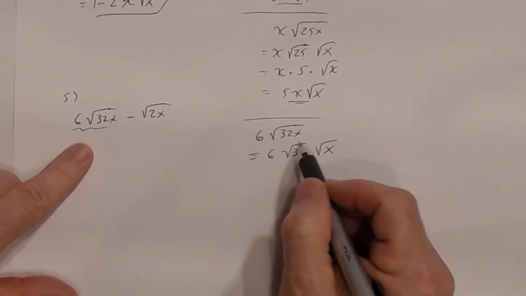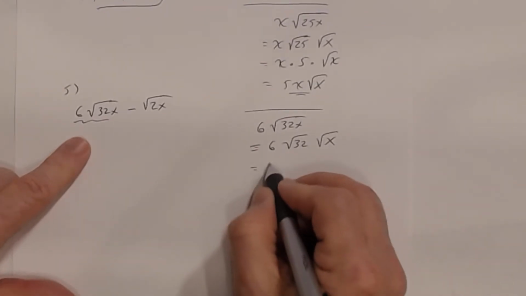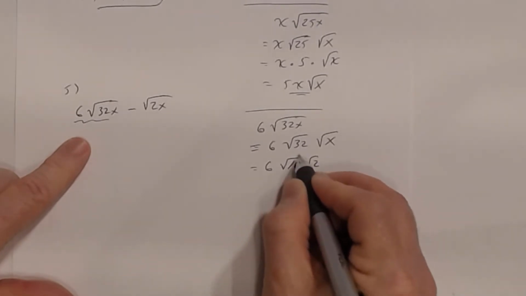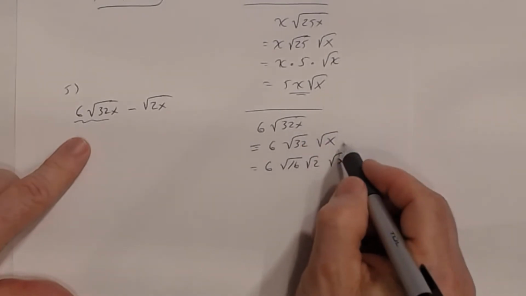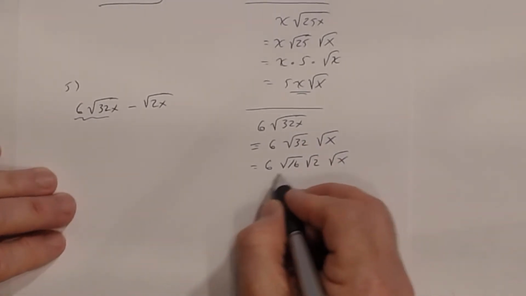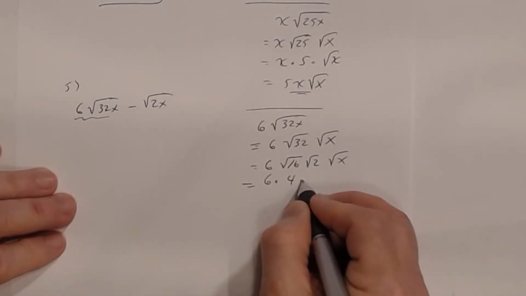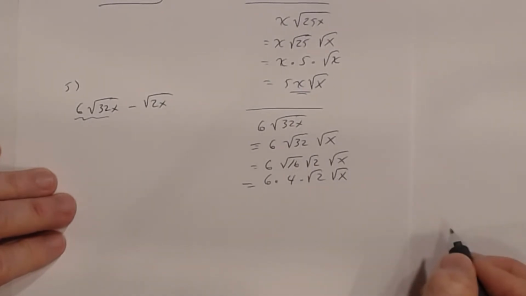And I know that the largest perfect square that goes into 32 is 16. So I can rewrite this as 6 square root of 16 times the square root of 2. 16 times 2 is 32 times the square root of x. And just like over here, I cannot simplify the square root of x. Now let's simplify as much of this as possible. So I get 6 times the square root of 16, which is 4, right? I cannot simplify the square root of 2, and I cannot simplify the square root of x.